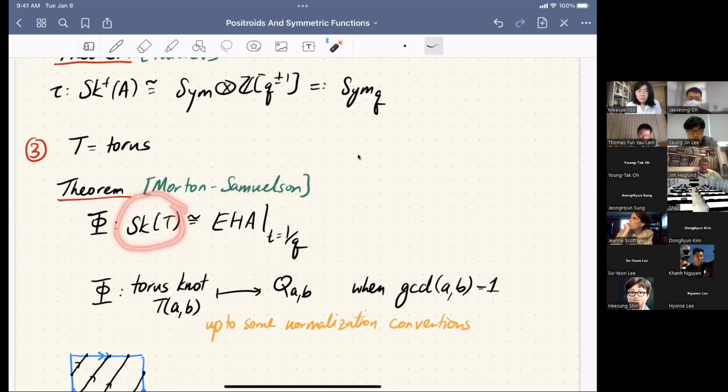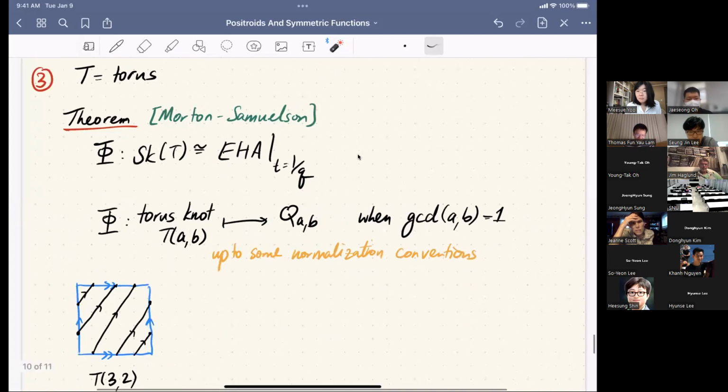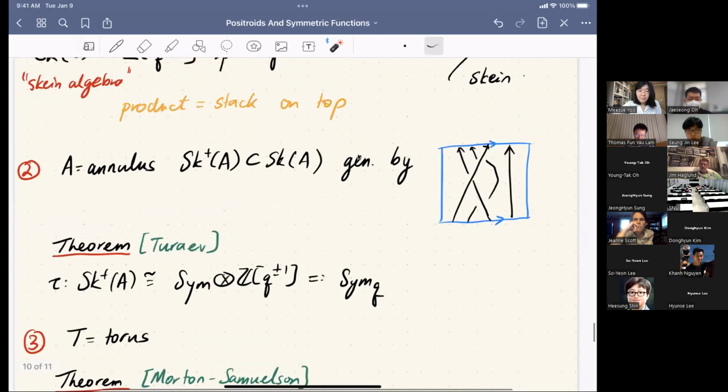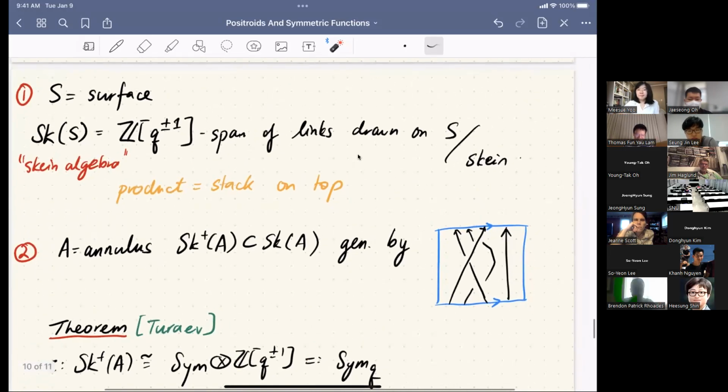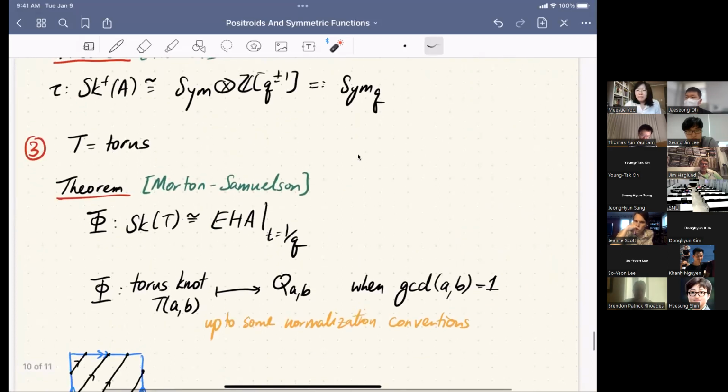On the torus, you can draw any knot you like. You can draw the torus knot; here's an example, T_{3,2}. You draw the torus knot, and it gets mapped to the operator Q_{3,2}, except that there are lots of normalizations on both sides, and this is not literally correct. I think I'll stop here, but the t equals 1 over q specialization is particularly easier to approach because you have a skein algebra description.